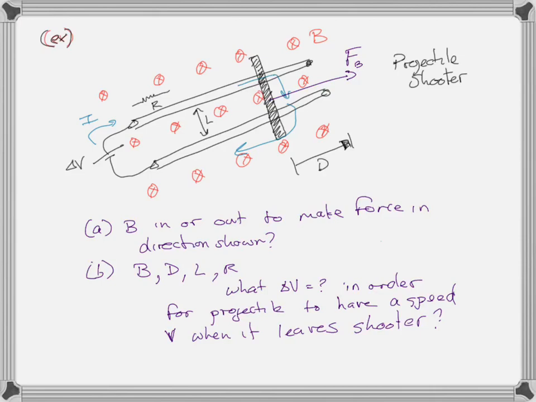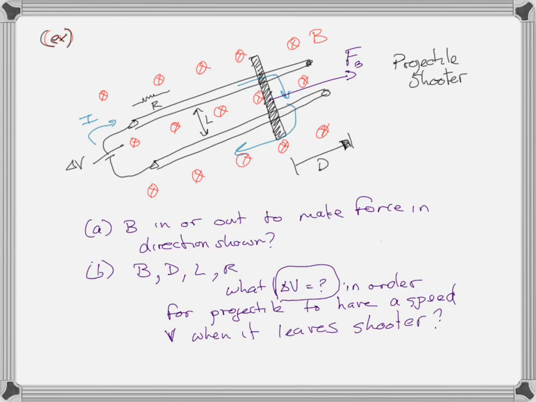We're just asking what we should set delta V to be in order to get that speed. So we're looking for relationships between these variables, with all these as givens, and then solving for delta V, the voltage, or potential difference, I should say.